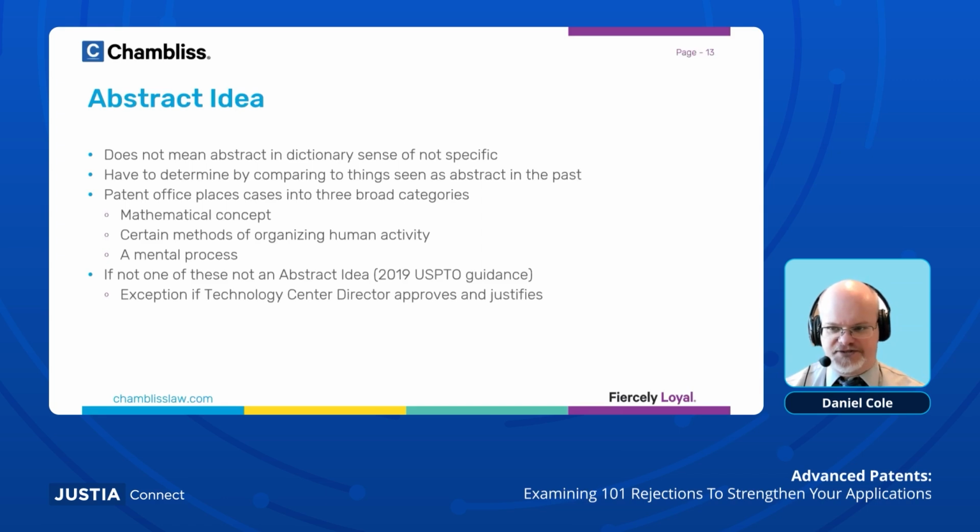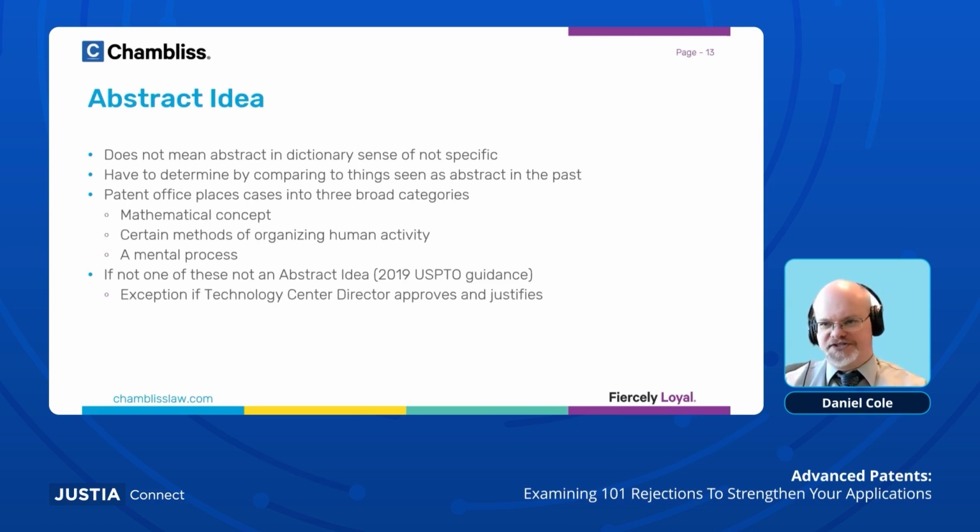The Patent Office has dealt with this case law by placing cases into three broad categories: mathematical concepts, certain methods of organizing human activity, which is very helpful, and a mental process. Okay, so if what you have is a mental process, a certain method of organizing human activity, or mathematical concepts, you're going to run into it being an abstract idea.